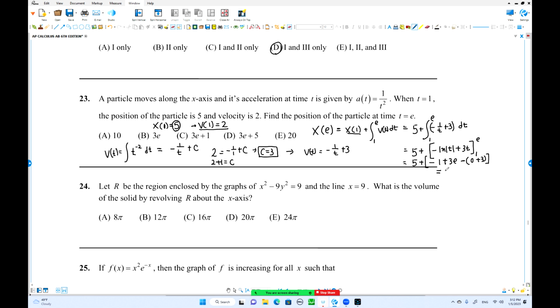So finally this is 5 plus negative 1 plus 3e minus 3, which is 5 minus 4, that is 1, so the answer is 1 plus 3e.